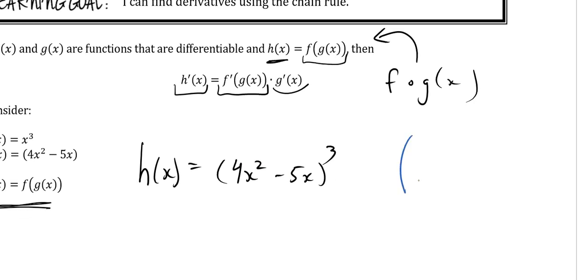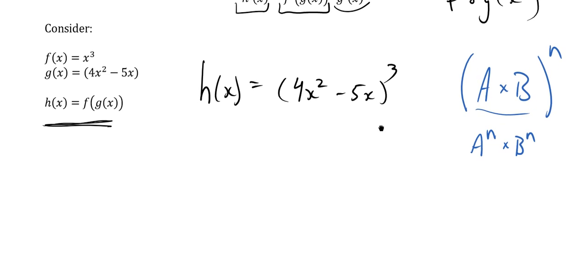If I have this, that is a to the n times b to the n. If I'm multiplying in the bracket, I can do that with the exponent. That's what we were talking about. But not if you're adding. Oh my gosh, not if you're adding, right? We talked about this a lot, starting in grade 10. It's a big deal, so be very careful of that.